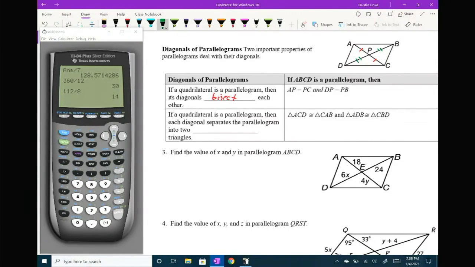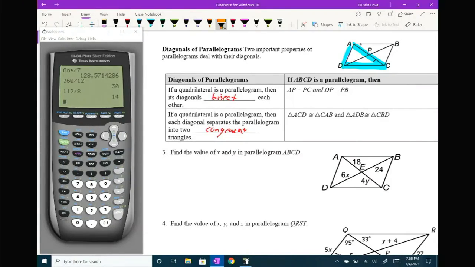Now, the other thing is that whenever a quadrilateral is a parallelogram, each diagonal separates it into two congruent triangles.